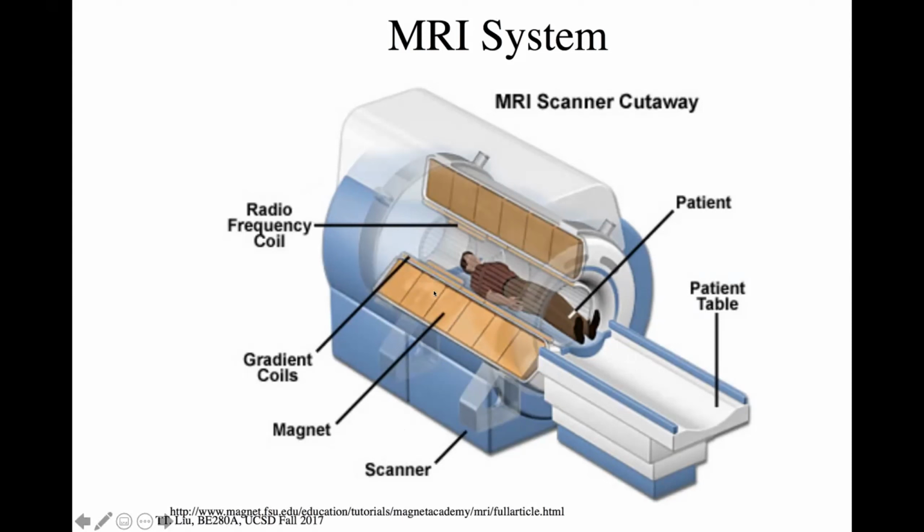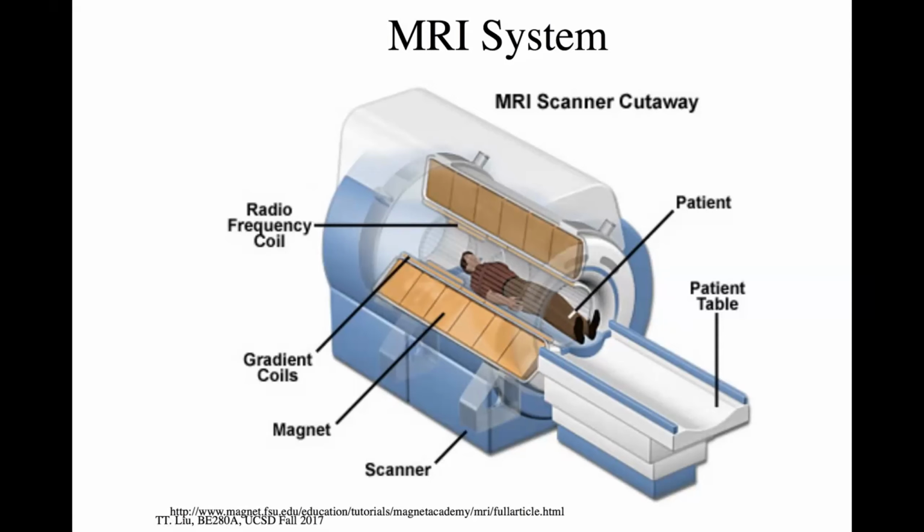On the inside of the magnetic field windings, we have these other coils. The current is pulsed through these coils, at sort of audio frequencies, to modify the main magnetic field as a function of position inside the volume you're imaging. And then inside those gradient coils are radio frequency coils, which are used to irradiate the patient with RF.